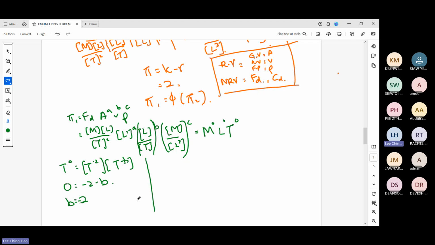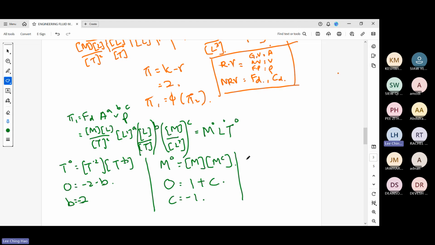Next, I go M. For M, first we got 1 here, then you got C. So 0 equals to 1 plus C, so C is negative 1.